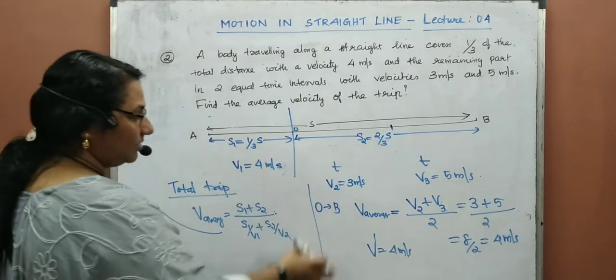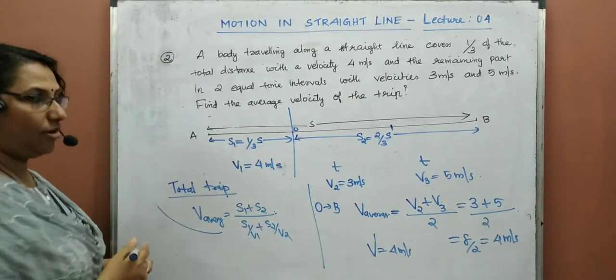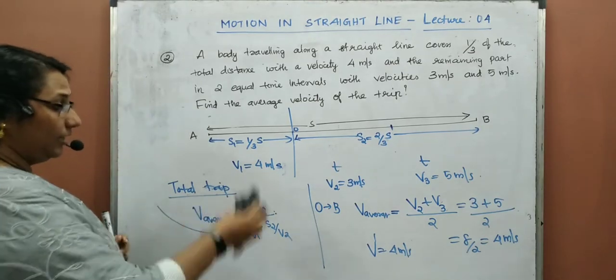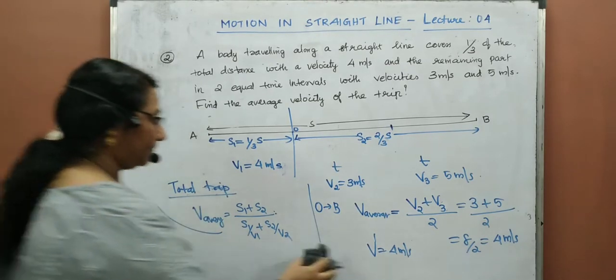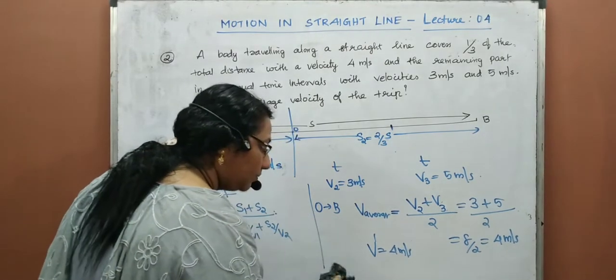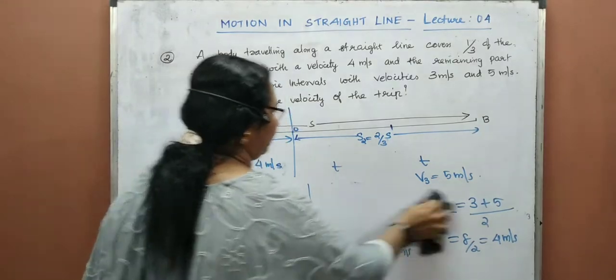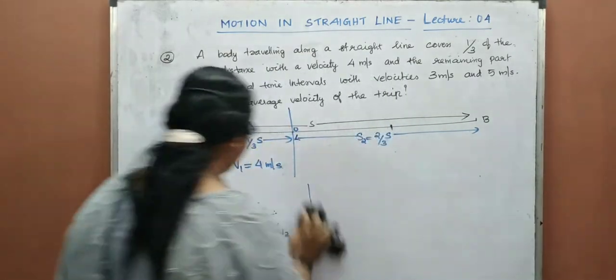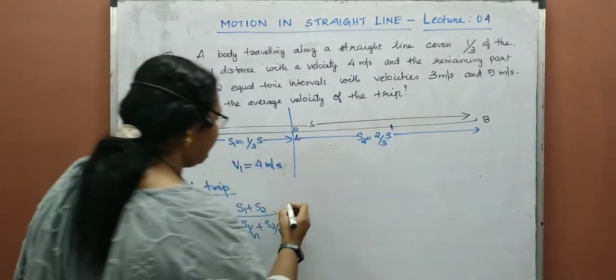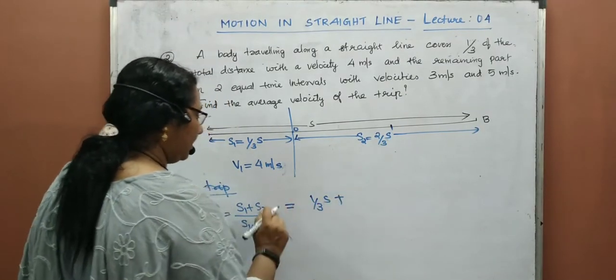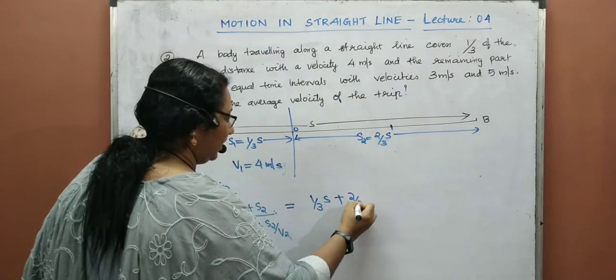May I rub this? Pause the video and take the notes. I have to rub in order to show the remaining calculation, the balance. Okay. Pause the video. Whether you have taken this? Yes.